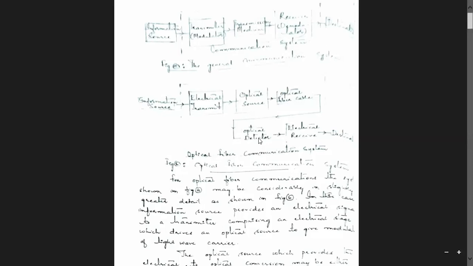So here in the optical fiber communication system, we just take only two photo detectors or optical detectors. So either you can take this PIN, if not PIN, you can also take this APD. So this PIN stands for positive intrinsic negative, and APD stands for avalanche photodiode. So in the PIN, you don't find higher gain, and similarly you don't find any amplification of incoming photons from the optical fiber cables.